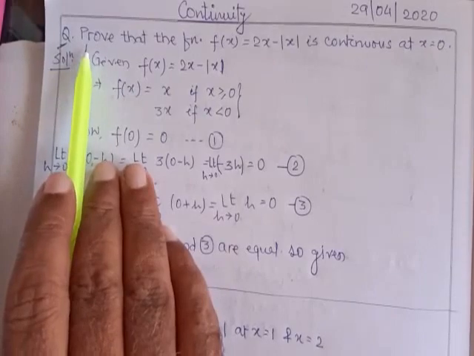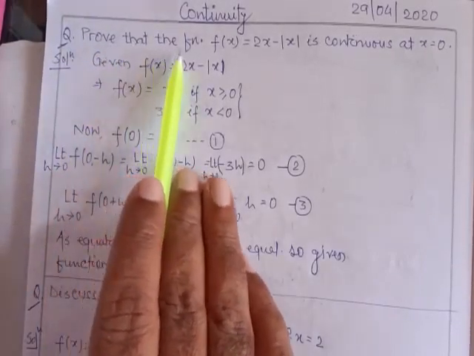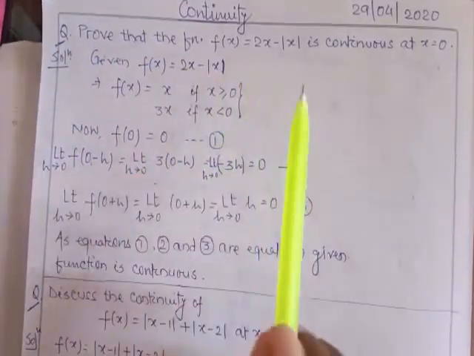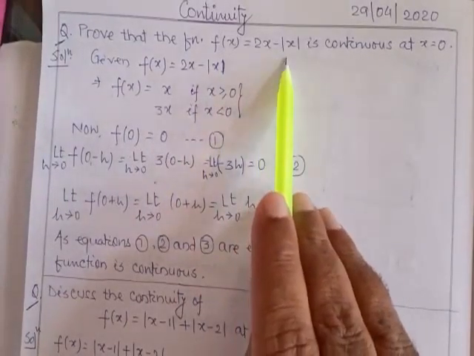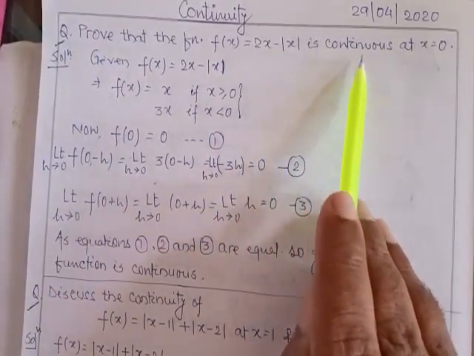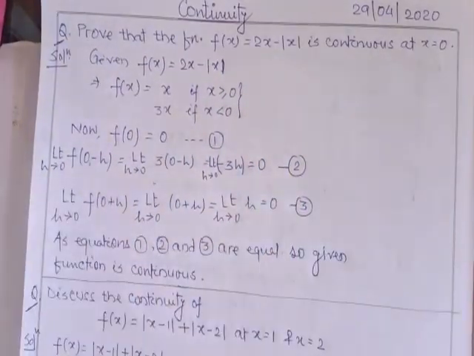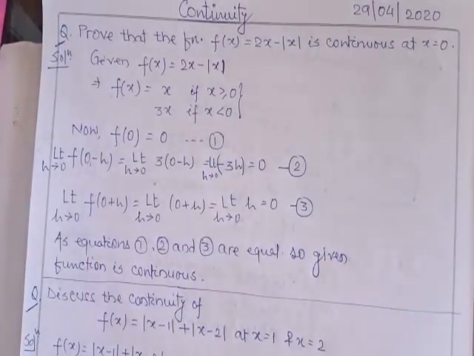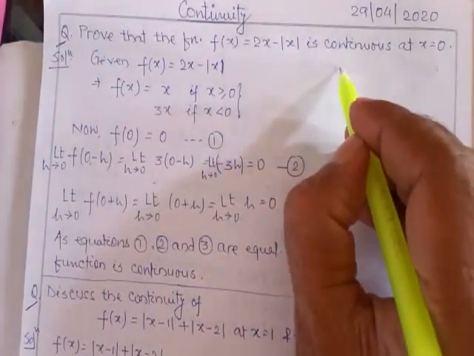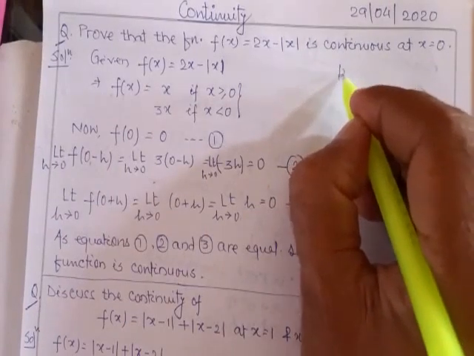See, first question. Prove that the function f(x) = 2x − |x| is continuous at x = 0. So modulus of x, just revise its meaning.